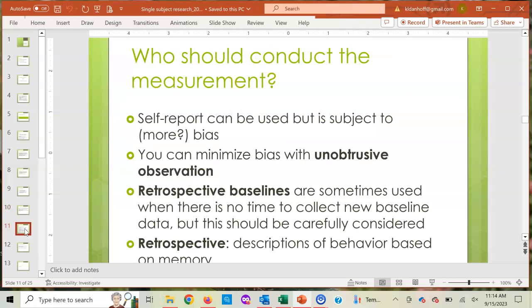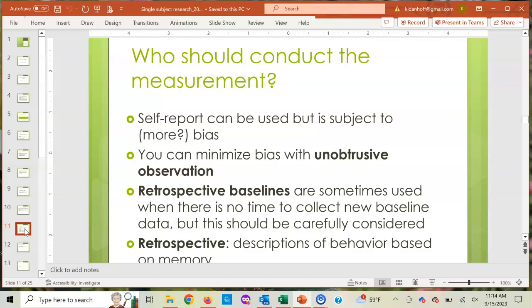Self-report can be used. It is subject to bias. If we're saying, of course I exercised, I considered that walk from my car to the grocery store entrance, that was exercise, right? Maybe that's included in your operationalization, maybe it's not. So how we might self-report can impact that.